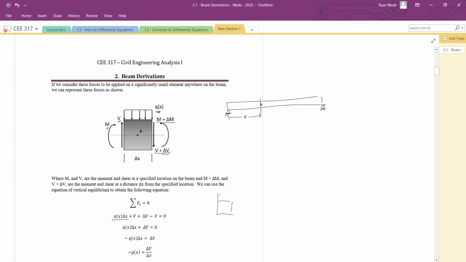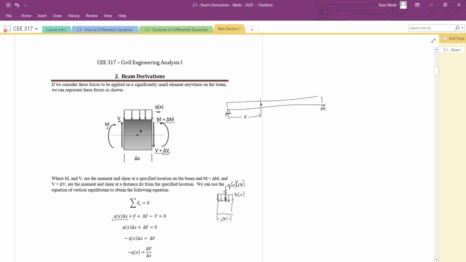So if we have a little element, Q at X times delta X, our resolved load is equal to Q at X times delta X. No different than doing Q times L when we're looking at the whole beam.